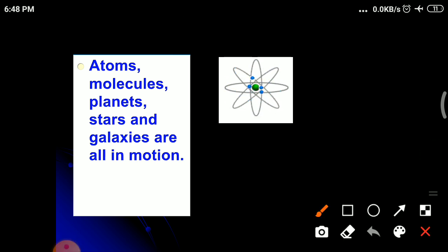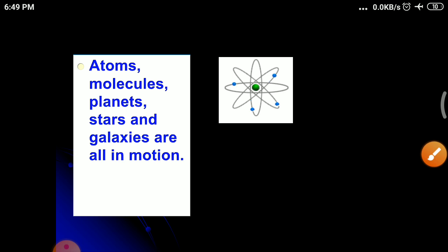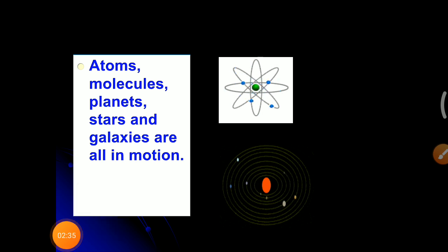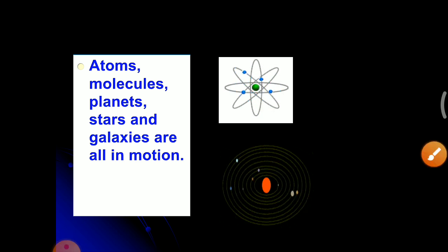Look at this image. This is an atom. In this atom, the electrons are in motion. If you take the solar system, here the planets are in motion. So these are examples of motion.